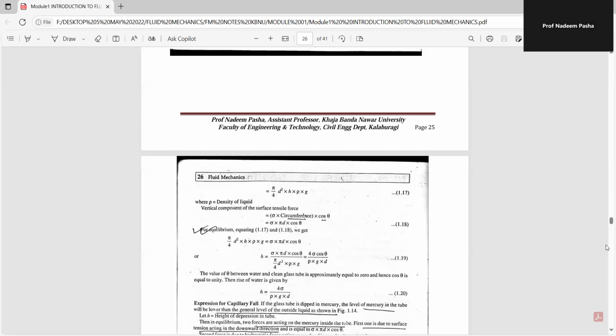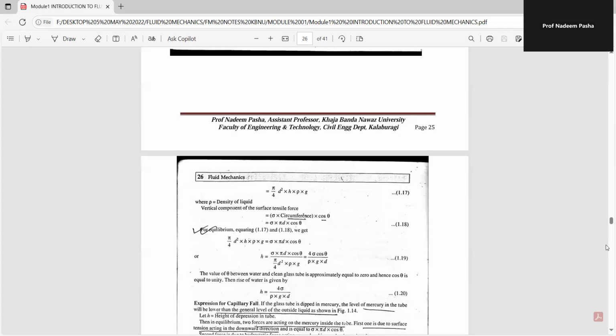If you equate both equations, you get pi by 4 into d squared into h into rho into g is equal to sigma into pi d into cos theta. If you do the calculation, h is equal to 4 sigma cos theta divided by rho into g into d. The value of theta between water and a clean glass tube is approximately 0, and hence cos theta is equal to unity.